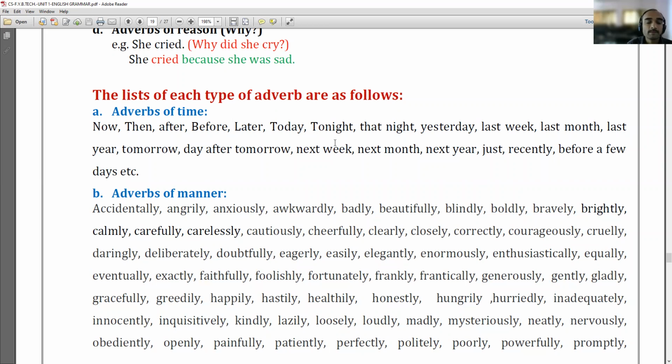So the first type is adverb of time. पहिला आहे adverb of time.